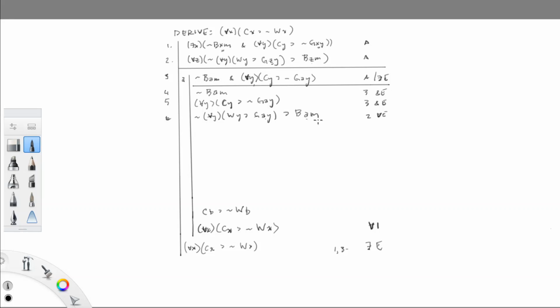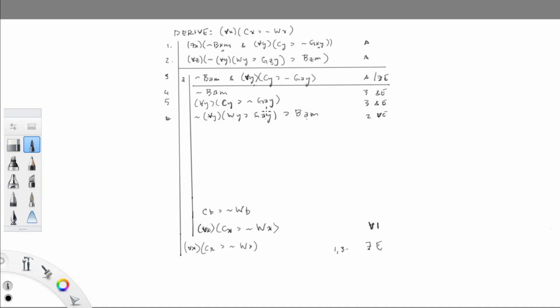The consequent of the conditional on line 6 is BAM, and line 4 is the negation of BAM. So by instantiating this variable to A, I'm making contact with another line of my proof, and that's going to give me an opportunity to apply more inference rules. You might be looking at this and thinking modus tollens. Yeah, that's a good idea.